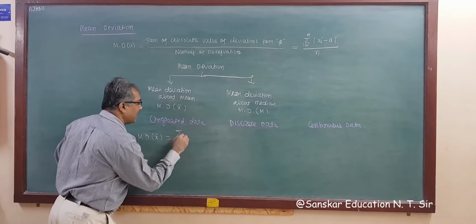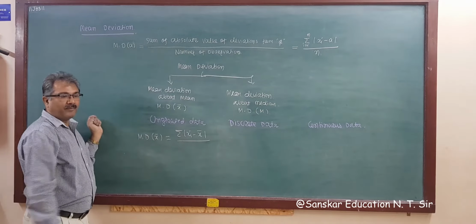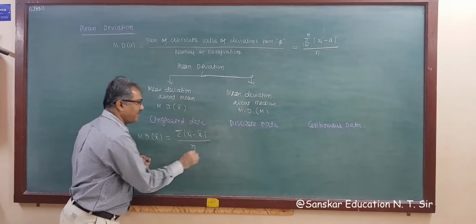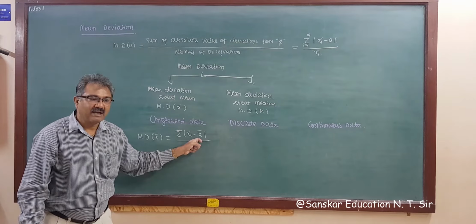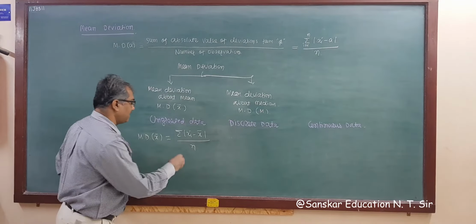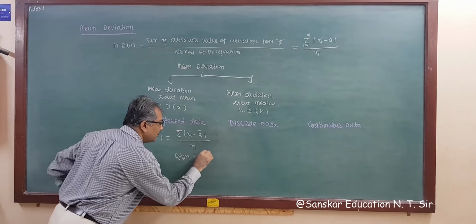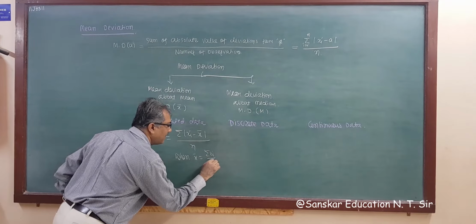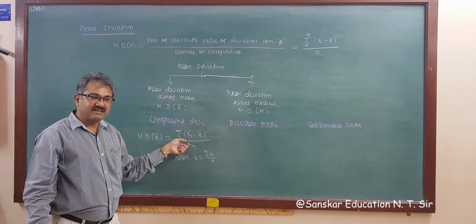So sigma |xi minus x bar| upon the number of observations n, where x bar is equal to the mean, that is sigma xi upon n, and this n is the total number of observations.